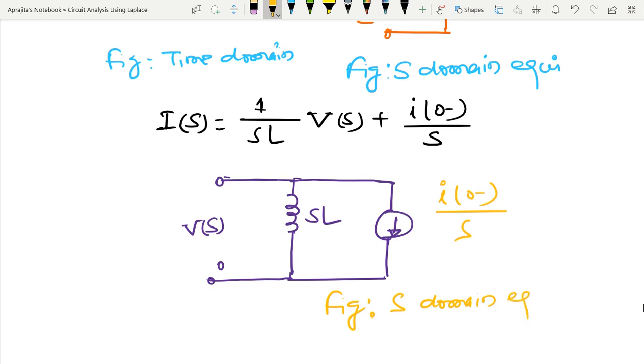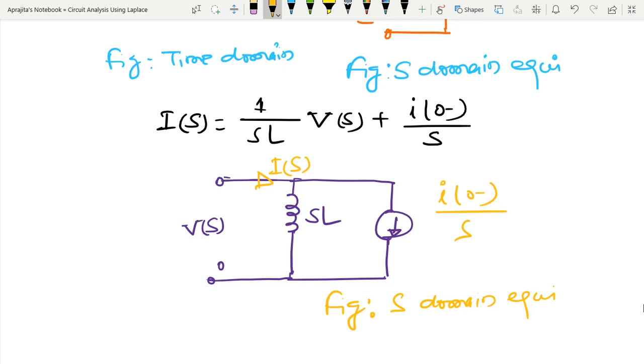So in this way I can either... and this is nothing but Is. So Is is this particular current.